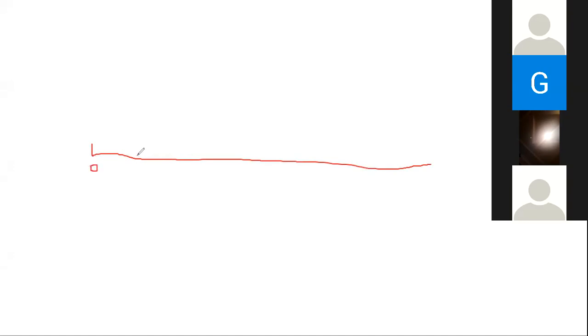So let's say there's a scale of 0, 1, 2, 3, 4, like that, increasing along like that.